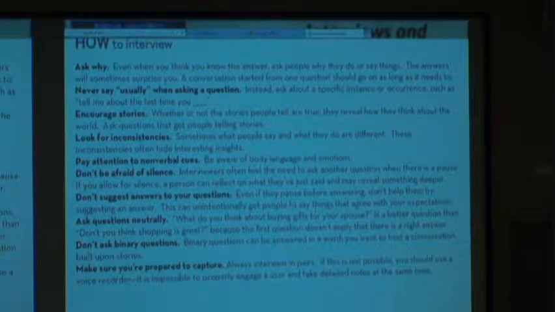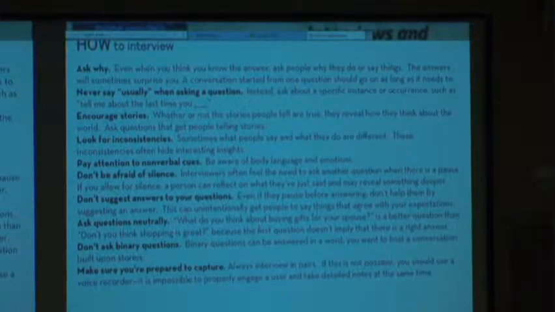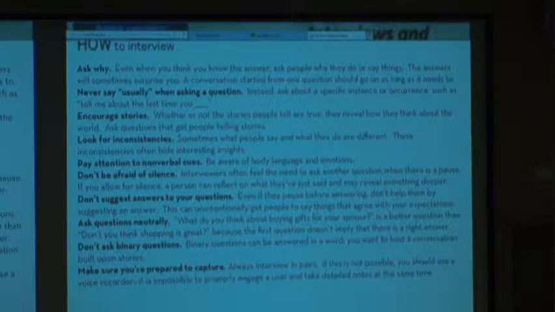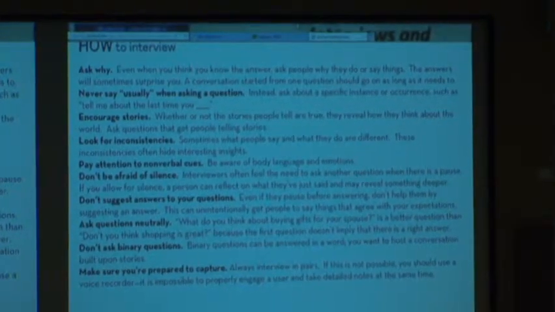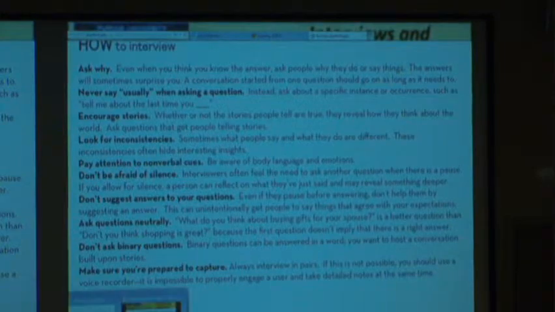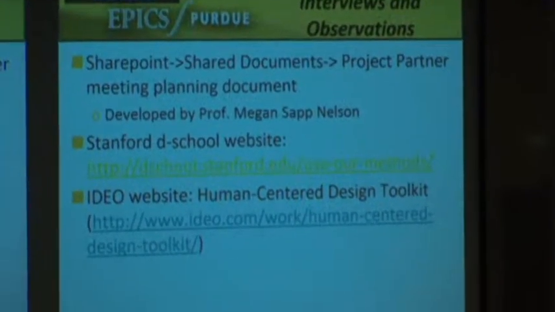You really want to avoid binary questions that either have a yes or no or only have one answer. So you're really trying to get the stories from your stakeholders to really understand, to provide that extra insight. So these are just some great resources that you can use when you're planning, and they have some others for other parts of the design process that you can look at.